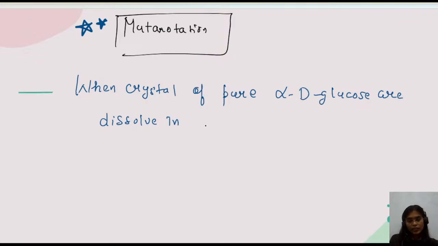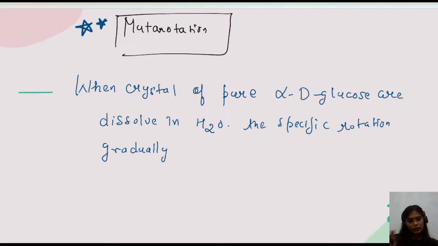So when alpha D glucose dissolves in water, the specific rotation gradually changes. You know what is the meaning of this? It's a gradation, a decrease or increase.